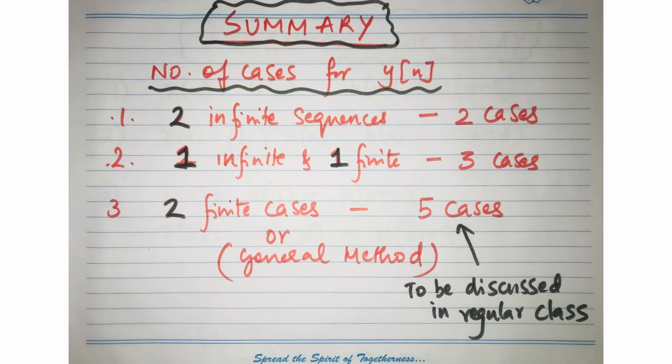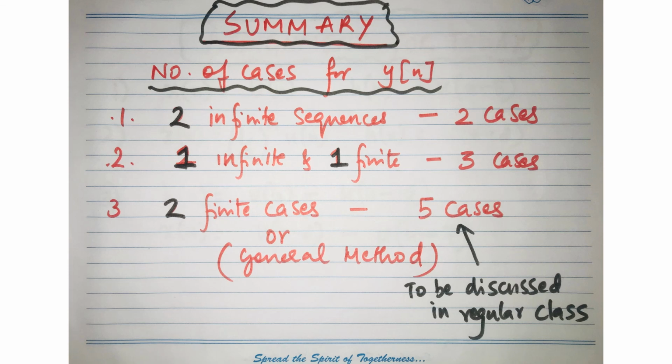I think we have discussed all the different cases of signals: two infinite signals, two finite signals, and one infinite and one finite duration signal. So we can conclude that the number of cases which exist for convolution sum for two infinite sequences is two cases, one infinite and one finite is three cases, and two finite is five cases, that I will be discussing in our regular classes.